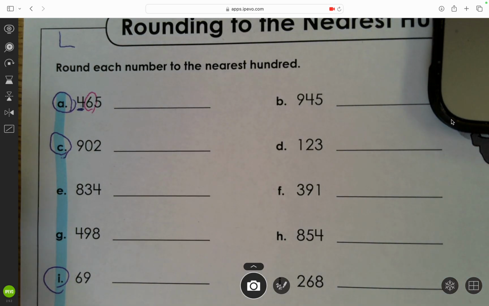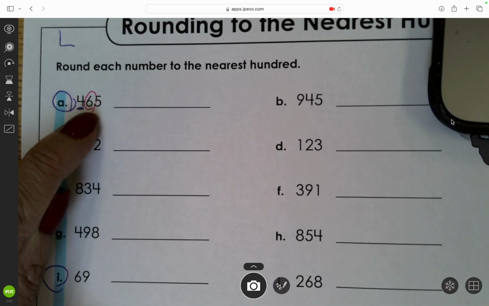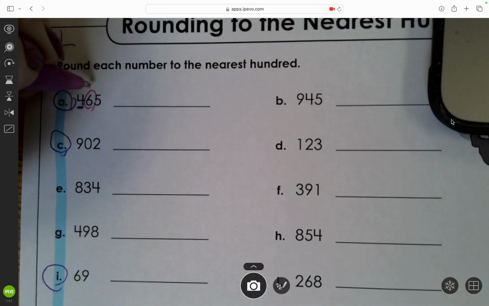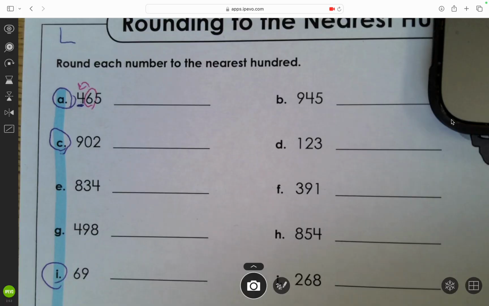Okay? So we look at the 6 and we say, 4 or less, let it rest. Is 6 4 or less? No. 5 or more, raise the score. Is the number 6 5 or more? Yes. So the 6 is going to tell the 4 to raise the score.